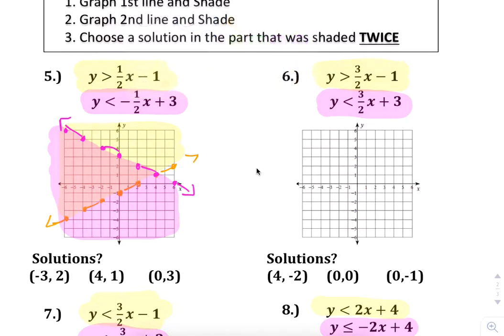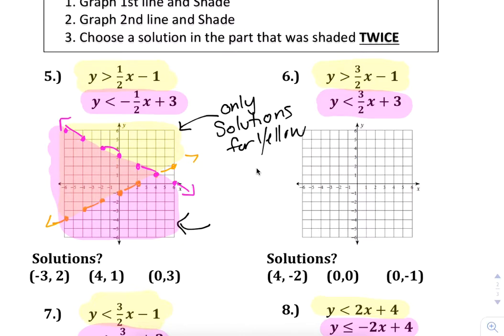So I want us to do some labeling. So up here is only solution for yellow. Down here in this space is only solutions for the pink. The part that we want to know is over here.